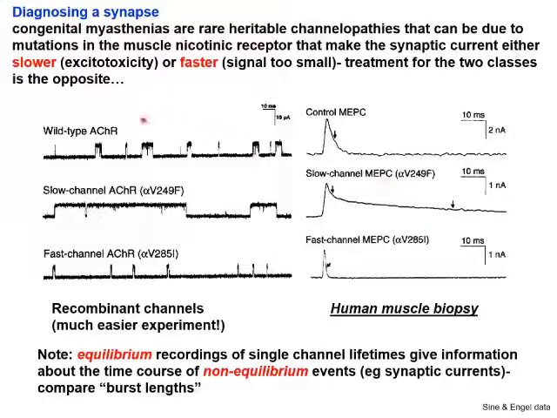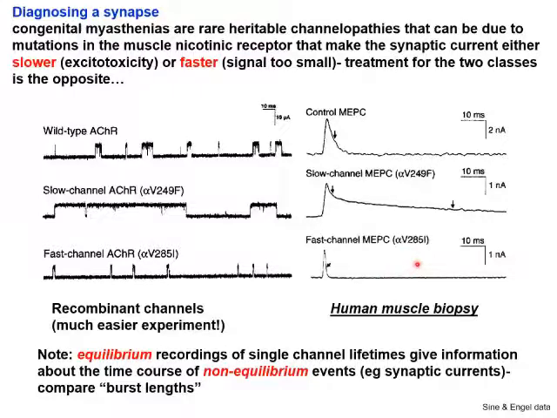But you can see that some characteristics of the single channel equilibrium recording resemble those of the non-equilibrium situation. This will be expanded on when we look at dwell times and their measurements in single channels.